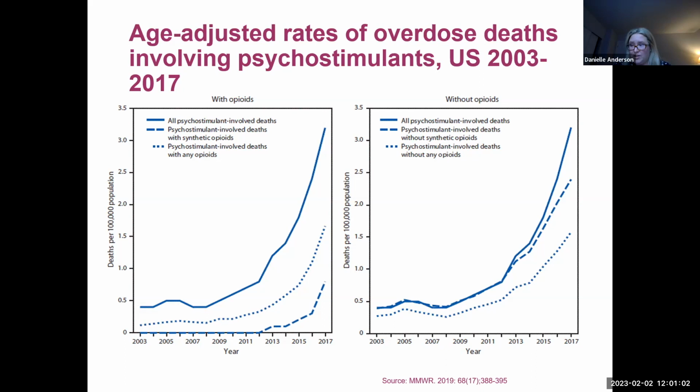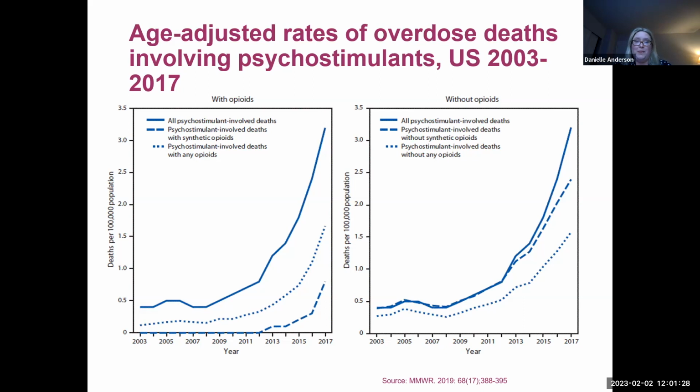The largest increase, however, occurred between 2015 and 2017 for stimulant use involving any opioids. There was a 50% increase annually. When we were looking at stimulant overdose deaths without any opioids, those were on the rise in 2008 and saw about a 22% increase annually up to 2017.